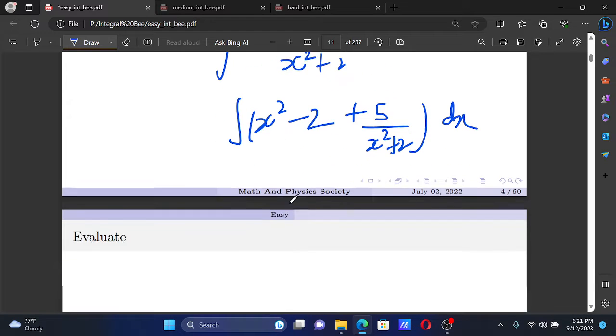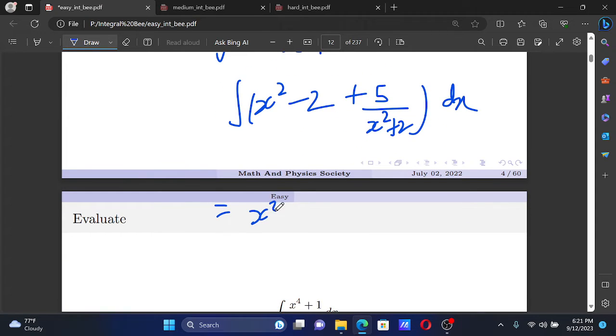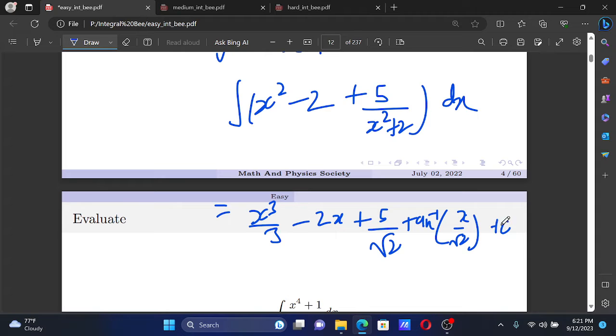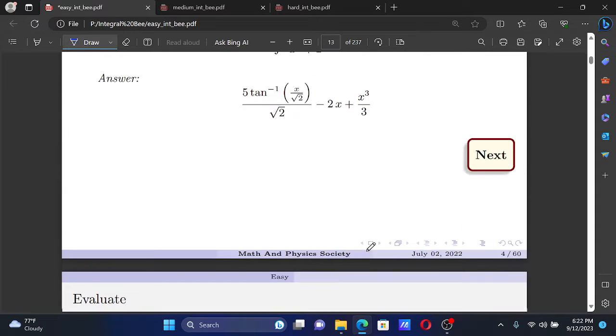So up to that we have x cubed by 3 minus 2x plus 5 by root 2 tan inverse of x by root 2, plus c. Okay, so that's the answer.